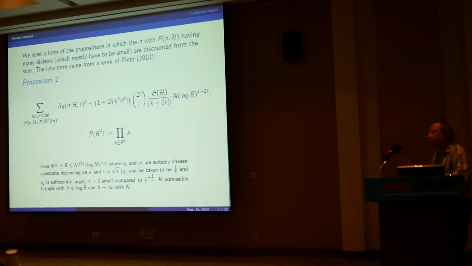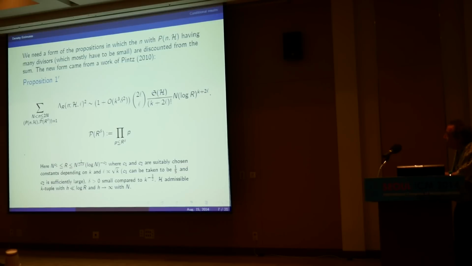Delta is some small positive number, which will be chosen at the end appropriately. So this means that P and H have all of their prime factors larger than r to the delta. Then you get the same propositions except for these error terms.